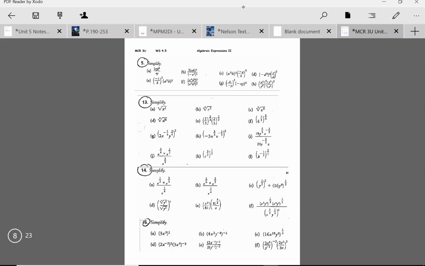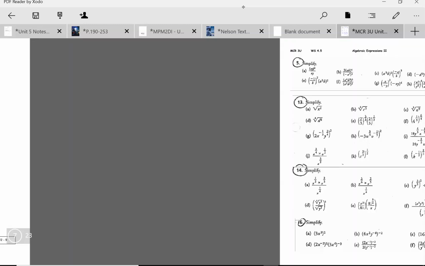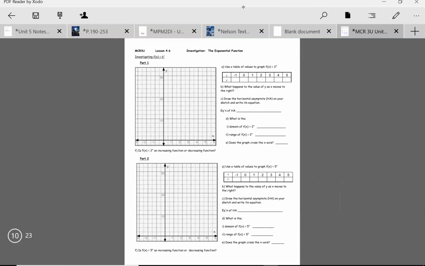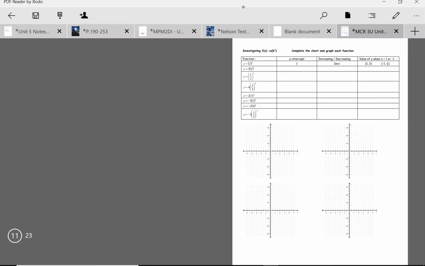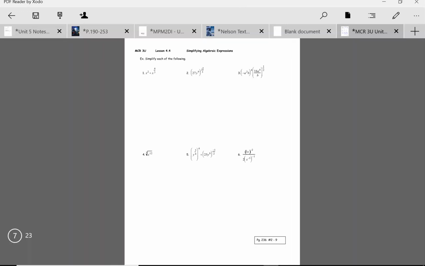So we will see. I will talk to you very soon. We'll be doing 4.4 and 4.5 over the Easter weekend, and then we'll continue with the rest of the unit, which really goes into graphing exponential functions. So we have about 5 more lessons of that, but we'll get there. Slow and steady, right?